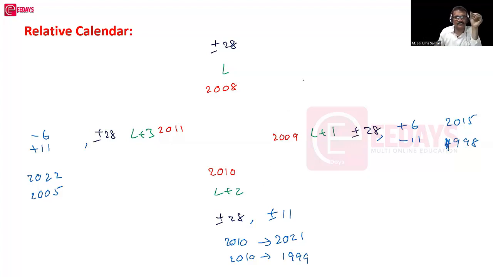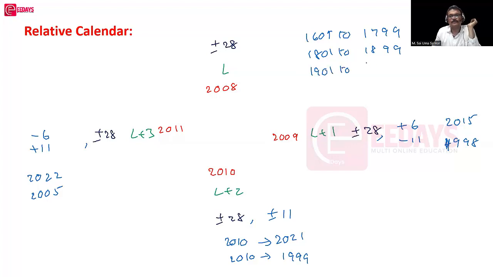That is common. But one limitation is there. What is that limitation? This can be applicable from 1601 to 1699, 1701 to 1799, 1801 to 1899, 1901 to 2199.